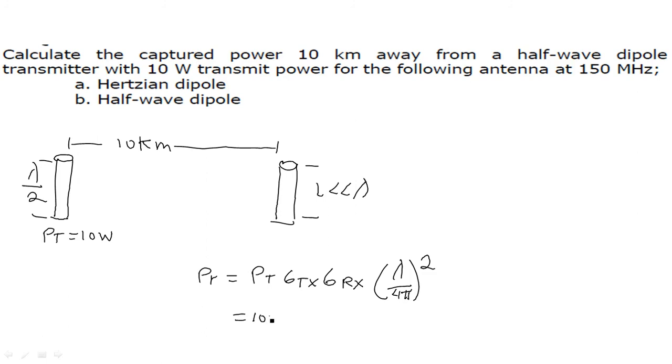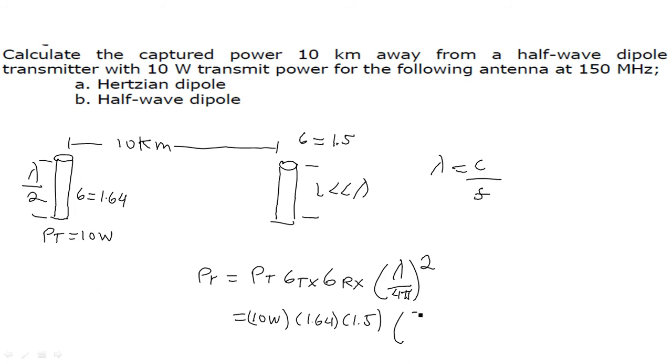So, 10 watts. So, yung gain ng transmitting antenna natin is 1.64, no? Kasi half-wave dipole, 1.64. And yung gain naman ng Hertzian dipole is 1.5. 1.64, 1.5 times lambda, which is equal to C over F, no? Speed of light divided by the frequency. So, 3 times 10 to the positive 8 divided by 150 megahertz.